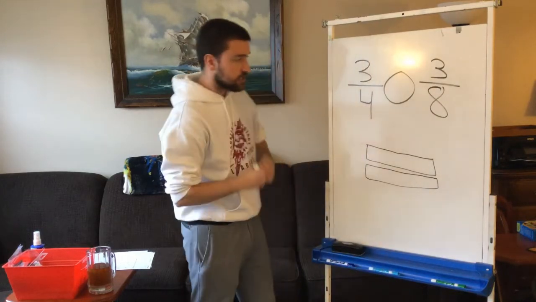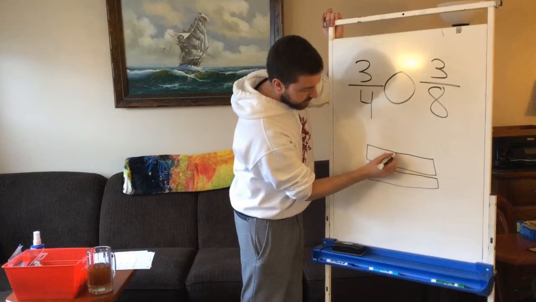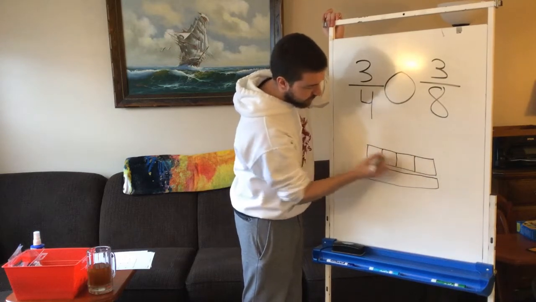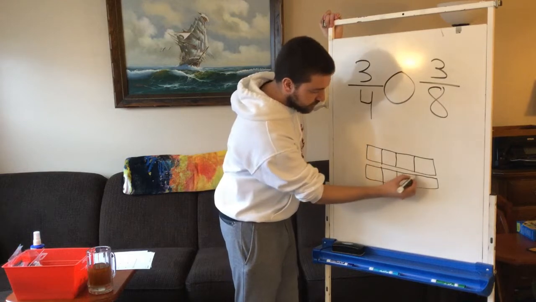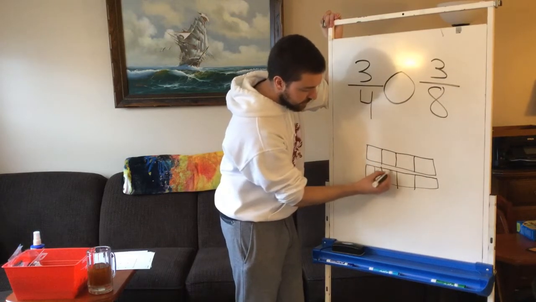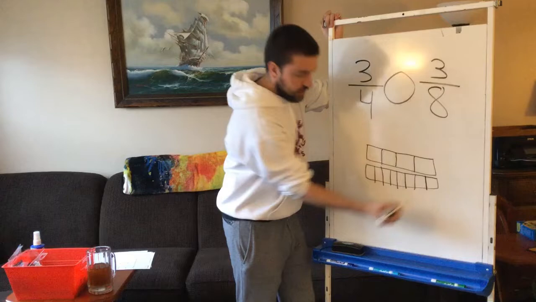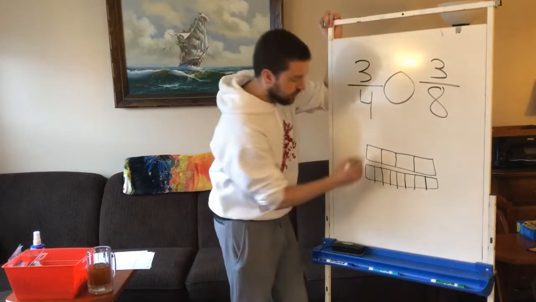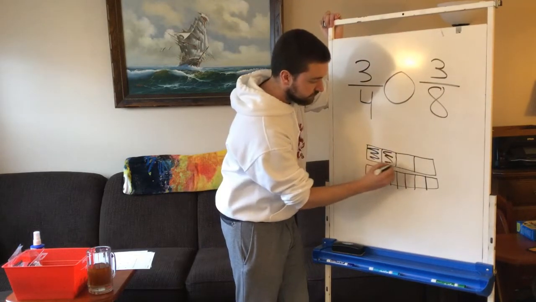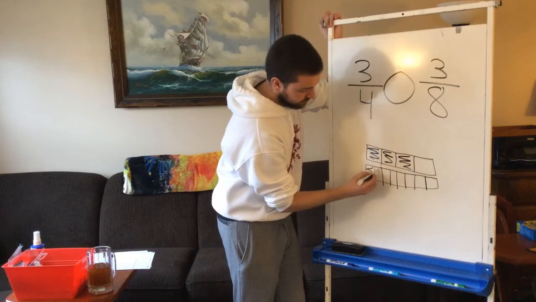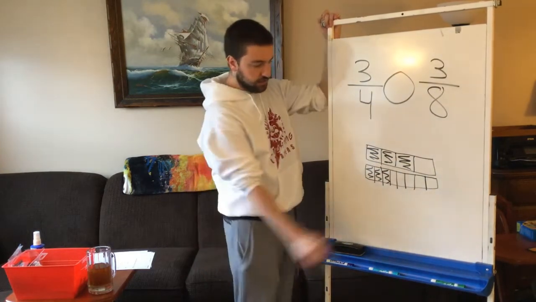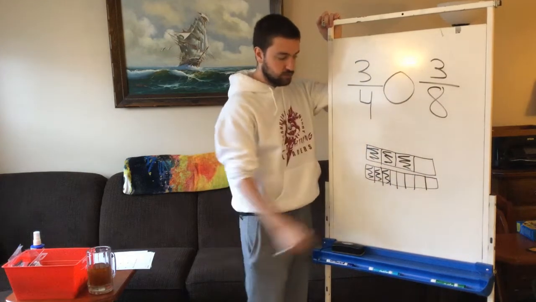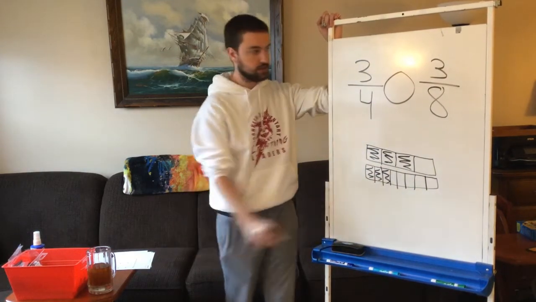Well, if I were to draw this out, if I were to make 4ths, I can make halves and then split them in half, and now I have 4ths. If I were to make 8ths, I need my 4ths, and then I just split them in half again, and now I have 8ths. And I just have to color in 3 of them. Oh. Now I can clearly see that 3/4 is way bigger than 3/8.